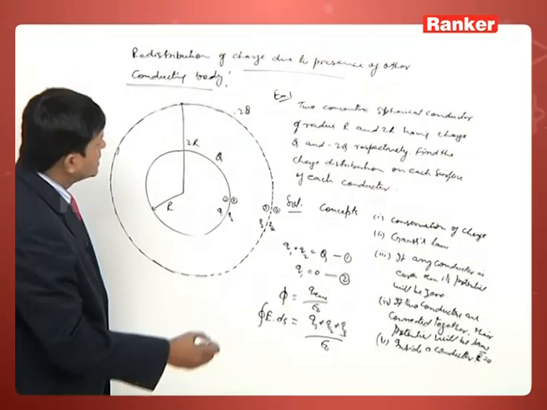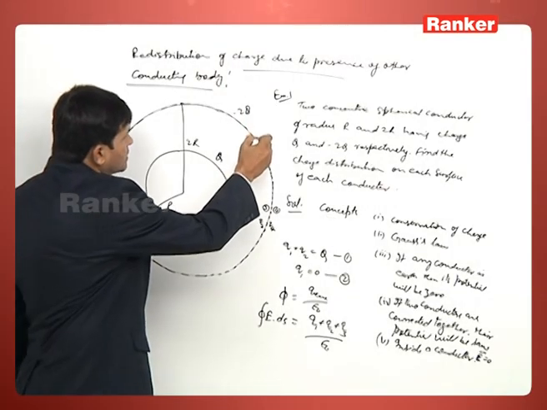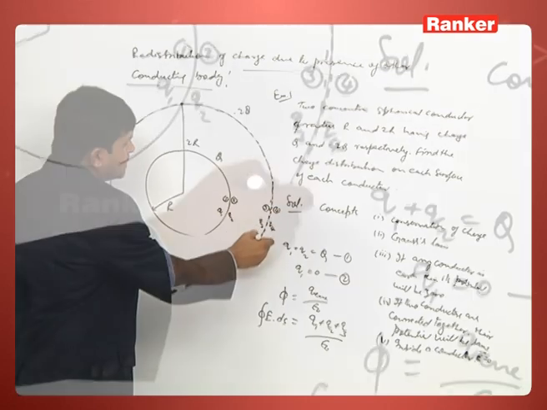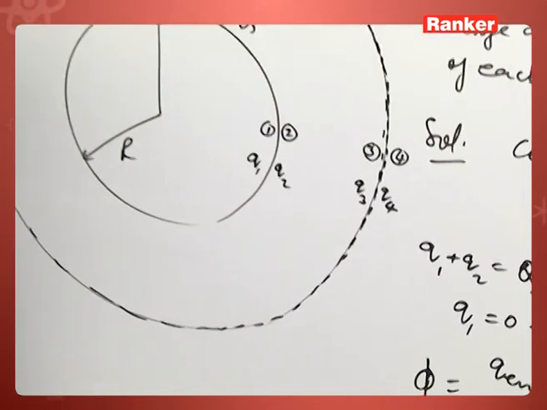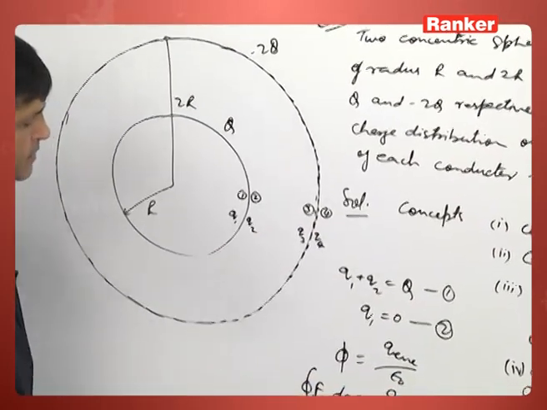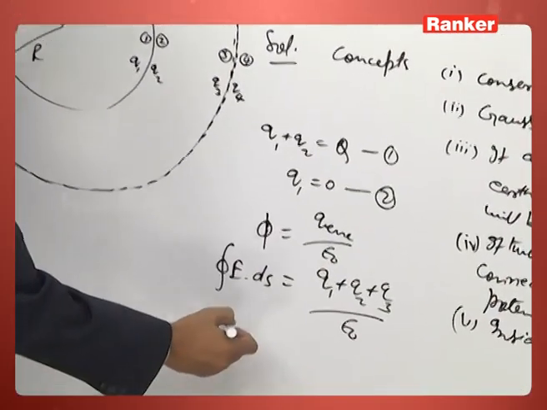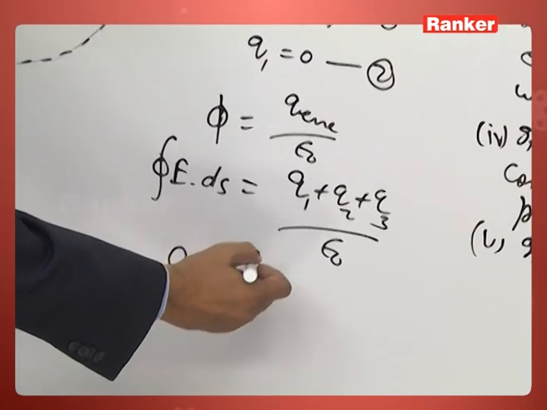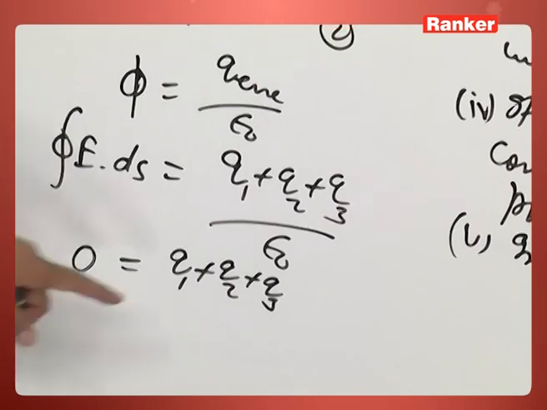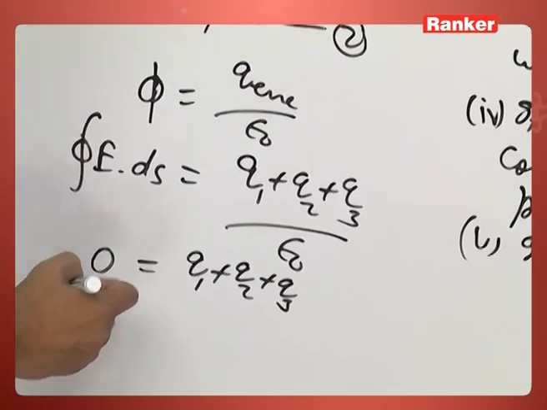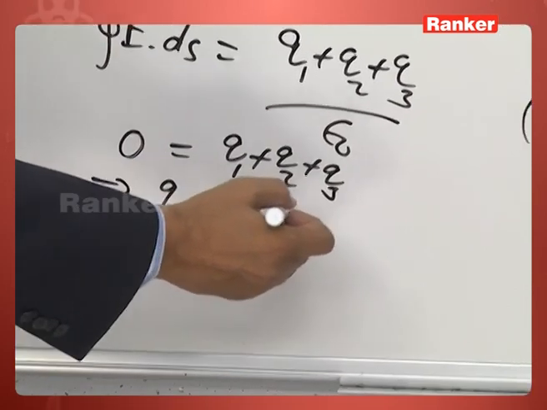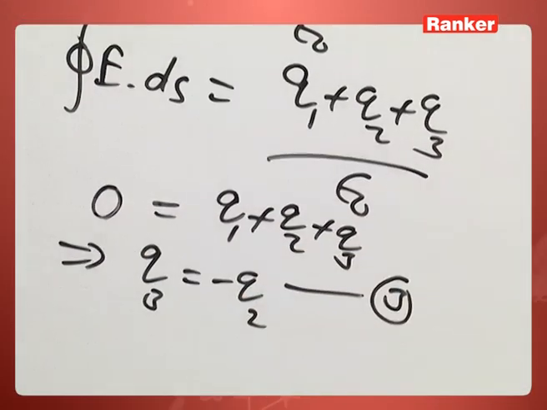And since I made a Gaussian surface inside the outer shell, so inside the shell electric field is always 0. So it is 0, it is your Q1 plus Q2 plus Q3, and Q1 already we have found 0. So we got it here, Q3 is equal to minus Q2. This is your third equation.